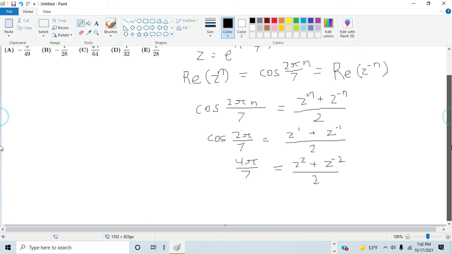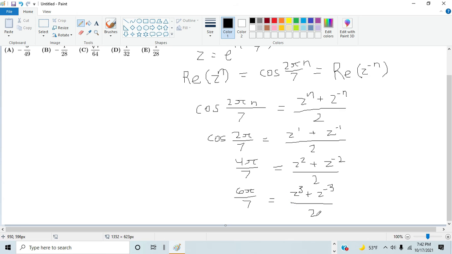And for 6 pi by 7, since n equals 3 in this case, we're going to set it to z cubed plus z to the minus 3, by 2.